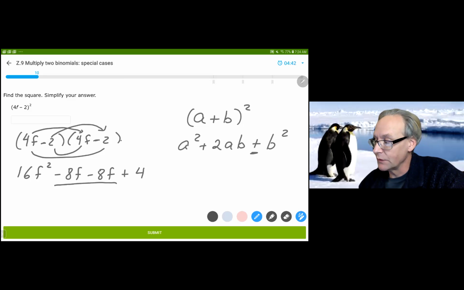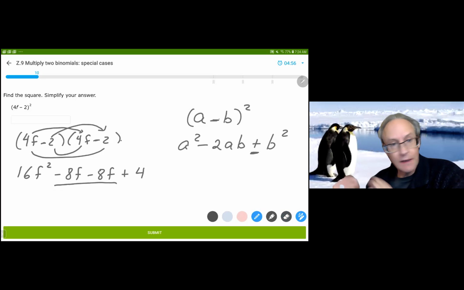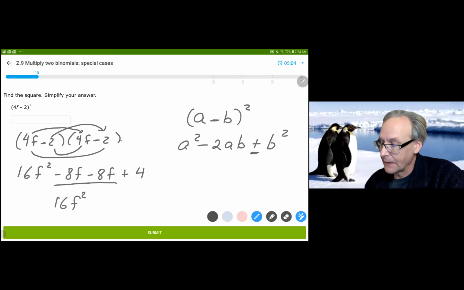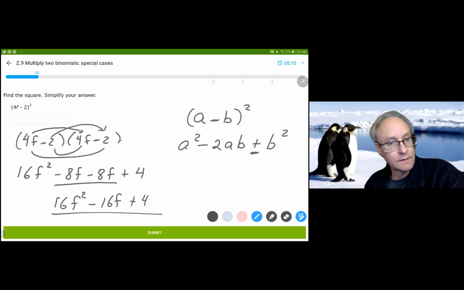Notice that this will always be positive, even when the middle is negative, and the only change is going to be a negative here. So just a couple of things. We're looking for patterns, and the pattern in this case gives us our 16f squared minus 16f plus 4. And there it is.